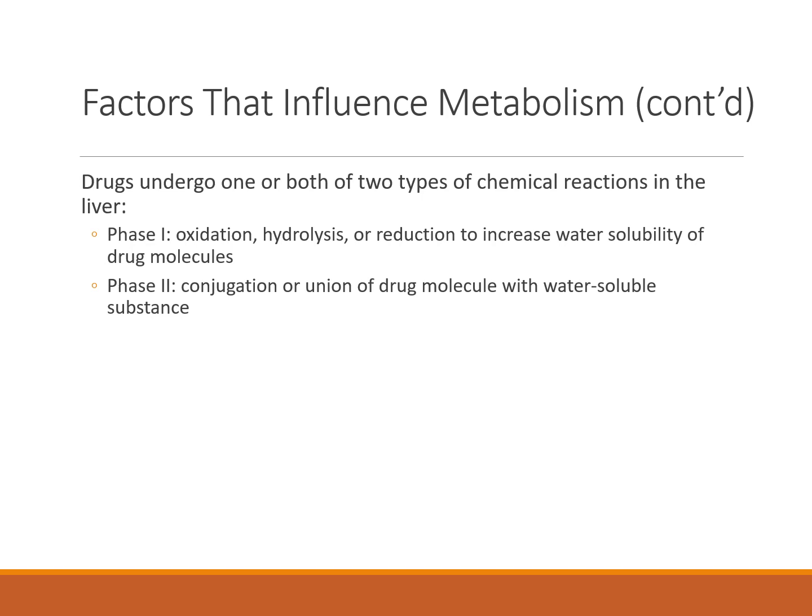The end goal here is we're trying to make it more water soluble. Phase 2, again, if it's not water soluble enough, it'll go through conjugation, or union of a drug molecule with a water soluble substance to help it further get to where it needs to be. Kidneys excrete it better when it's in a water soluble status.